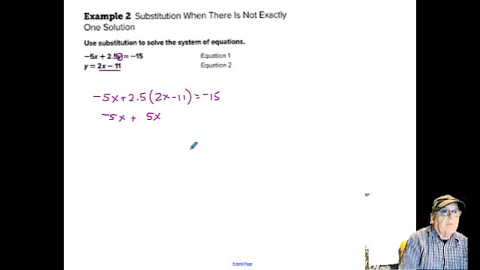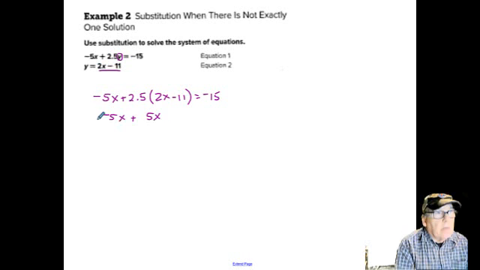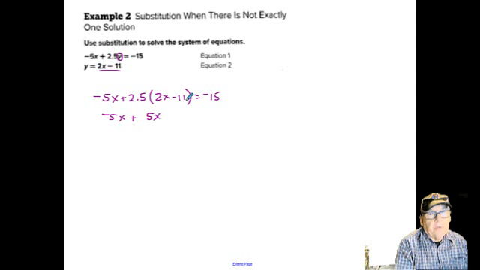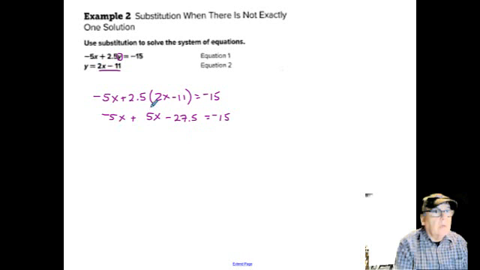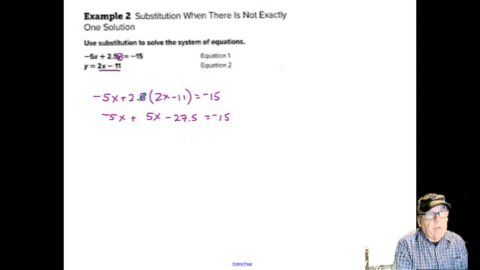And 2.5 times a minus 11 is going to be a minus 22 plus another 5.5, so minus 27.5. And that's going to equal negative 15. So pretty much what I did here was I just did twice the 11, which is 22, and half of 11 is 5.5. So 5.5 and 22 added together makes 27.5.